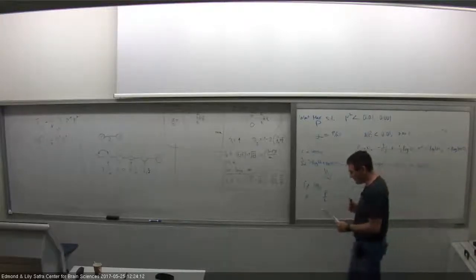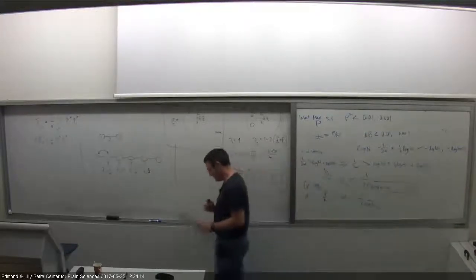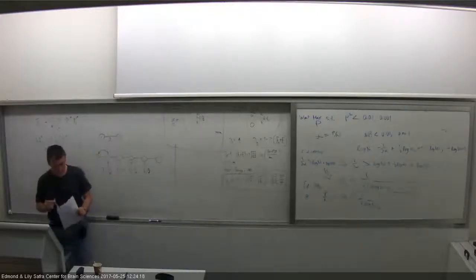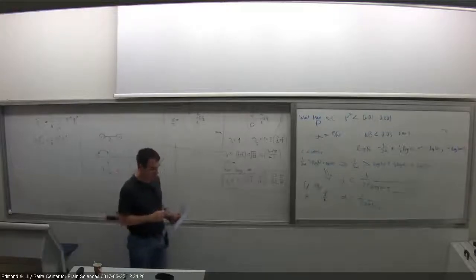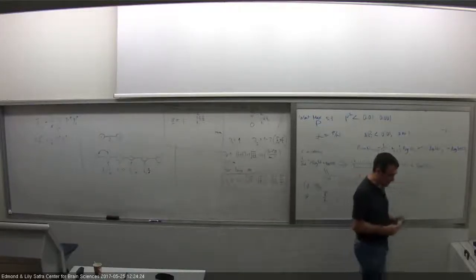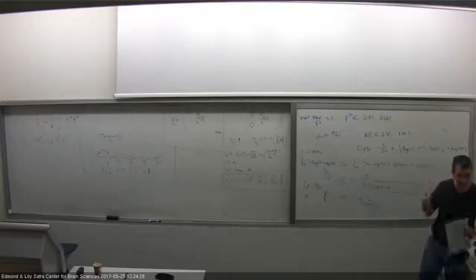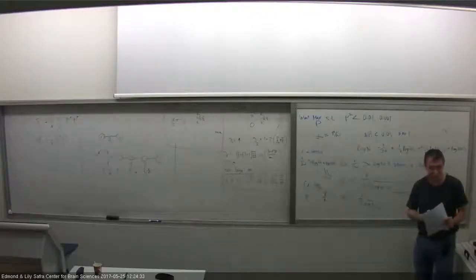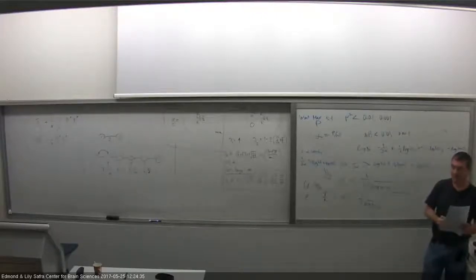Okay, so the question is, what can we say about biological memories? Are they optimized? Are they optimal in any sense? This is a question that has been partially addressed beyond the theory.